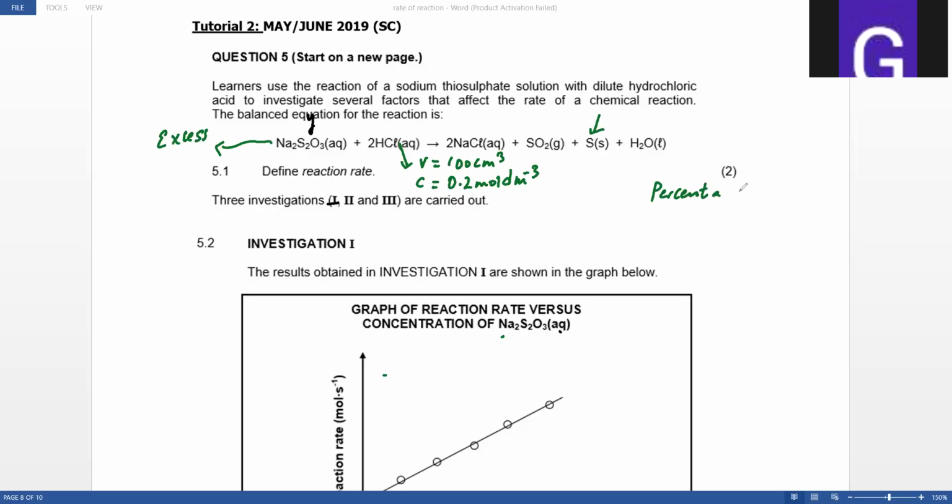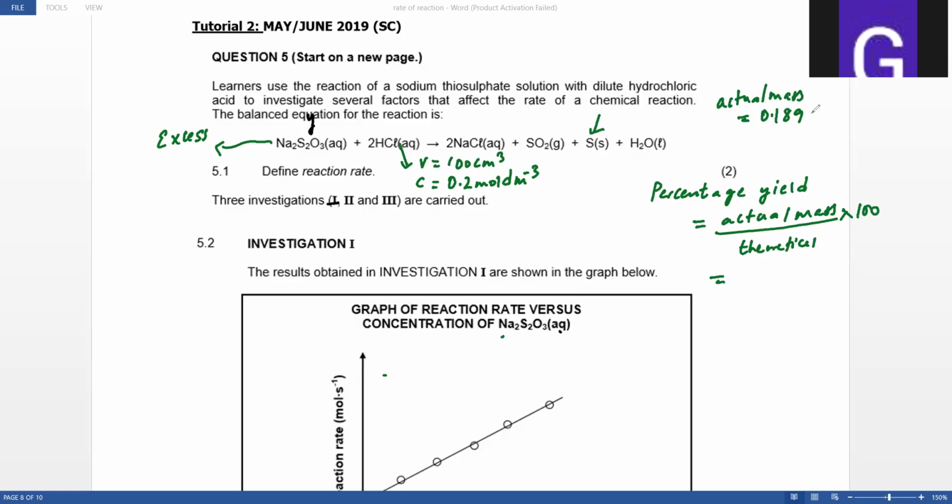To calculate the percentage yield, what do we have to do? We have to take the actual mass of the substance, we divide by the theoretical one, and we multiply by 100. Already the actual mass we are given, because they told us that after filtration they obtain a mass of sulfur to be 0.18 grams.